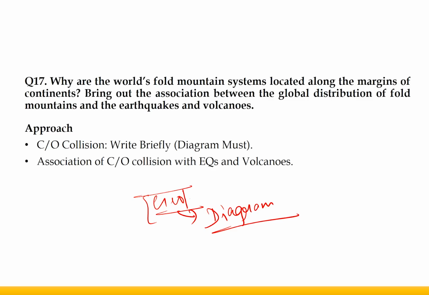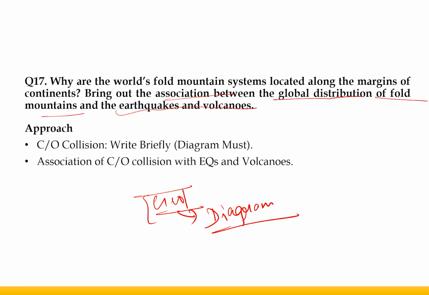Now coming to the question, why are the world's fold mountain systems located along the margins of continents? From this itself, you can understand what sort of diagram should be included in this question. Then there's a second part of the question, bring out the association between the global distribution of fold mountains and earthquakes and volcanoes.